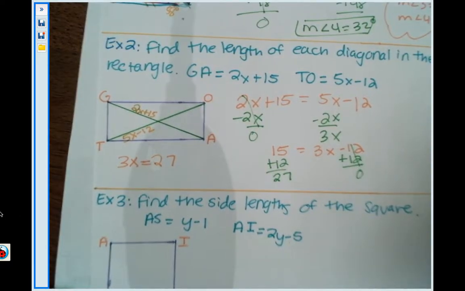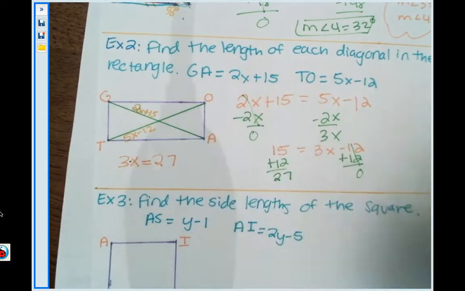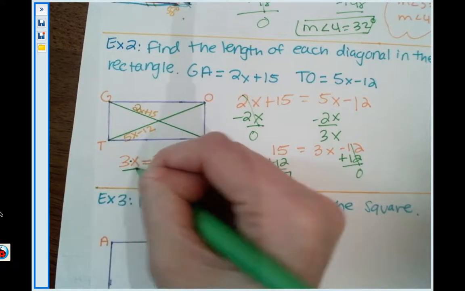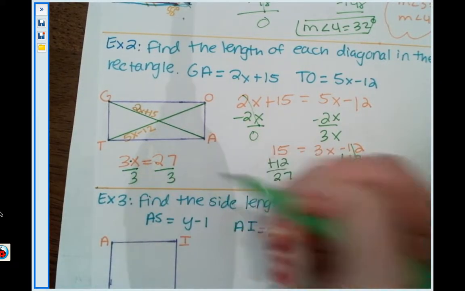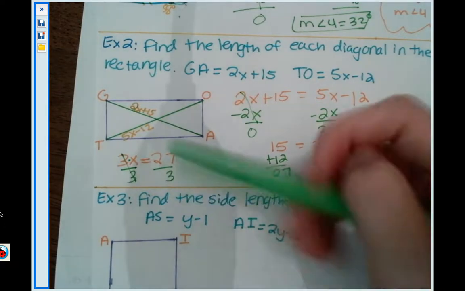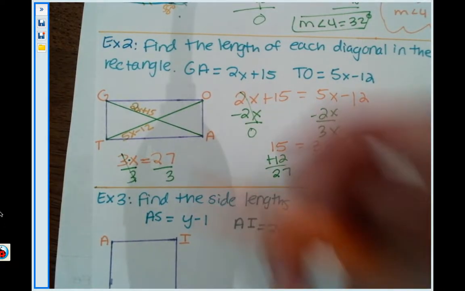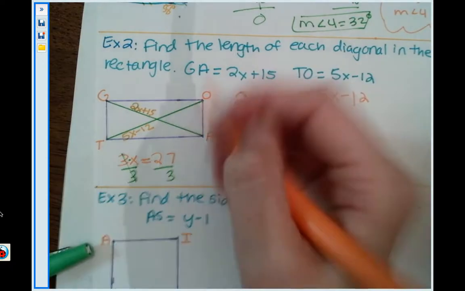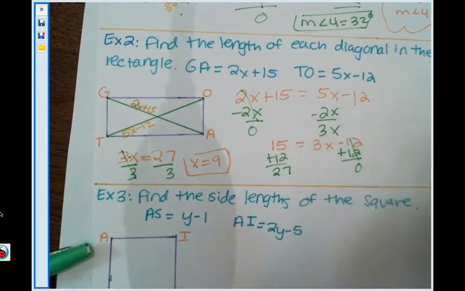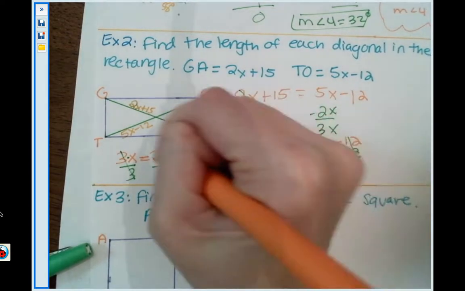Alright, so now I need to get x by itself, and the 3 is secretly multiplying my x. The way I move that to the other side is by dividing by 3 on both sides. 3 divided by 3 cancels and turns to 1, and 27 divided by 3 equals 9.